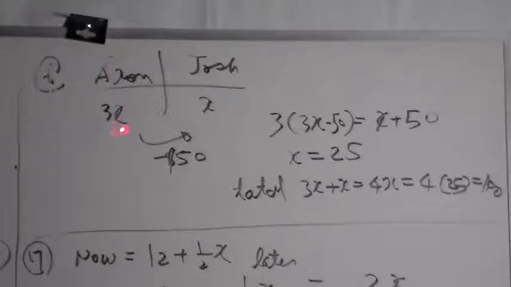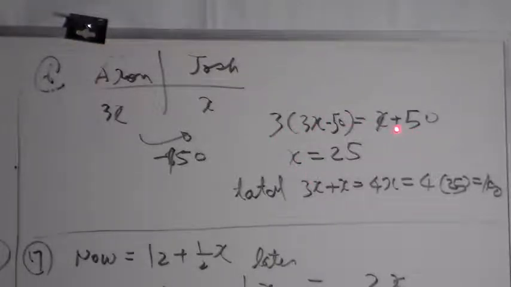So Aaron gives $50. Now Aaron has 3x minus 50, and now Josh has x plus 50, right? And then Josh has 3 times more than Aaron. So to make it equal, you have to multiply Aaron by 3, then make it equal.